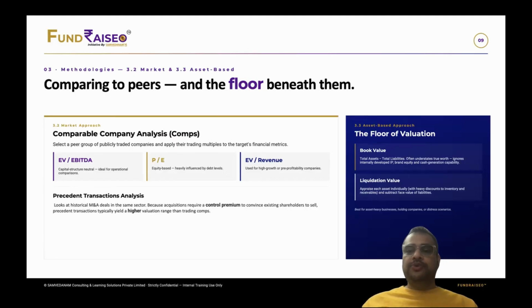The second methodology which we are talking about is the liquidation value. And I think in my previous video, when I was talking about liquidation value, I already told you that an asset which we term as a distress asset, or someone who is facing a lot of liabilities or a cash crunch, or is not able to operate, such kind of assets are sold at very high discounted prices, which is called the floor valuation or the liquidation value, right?